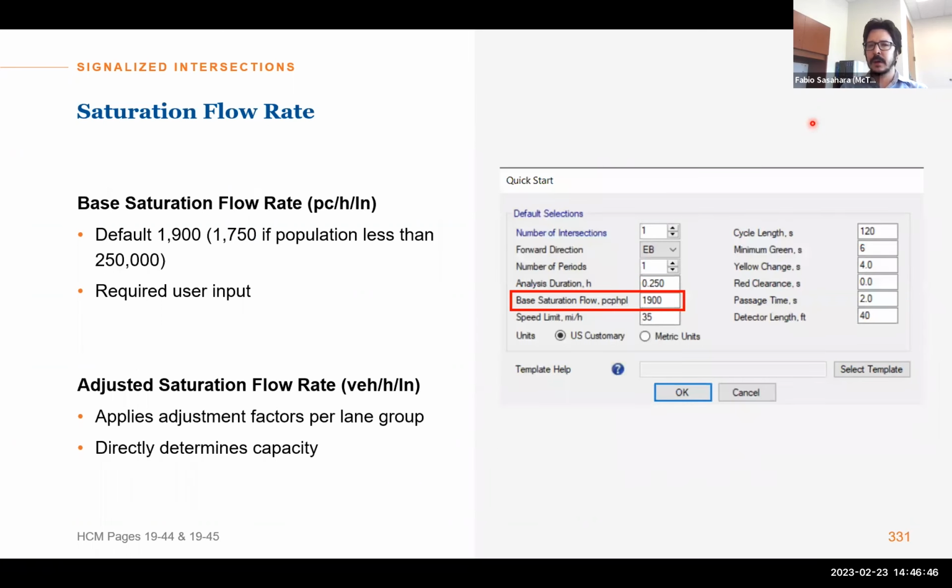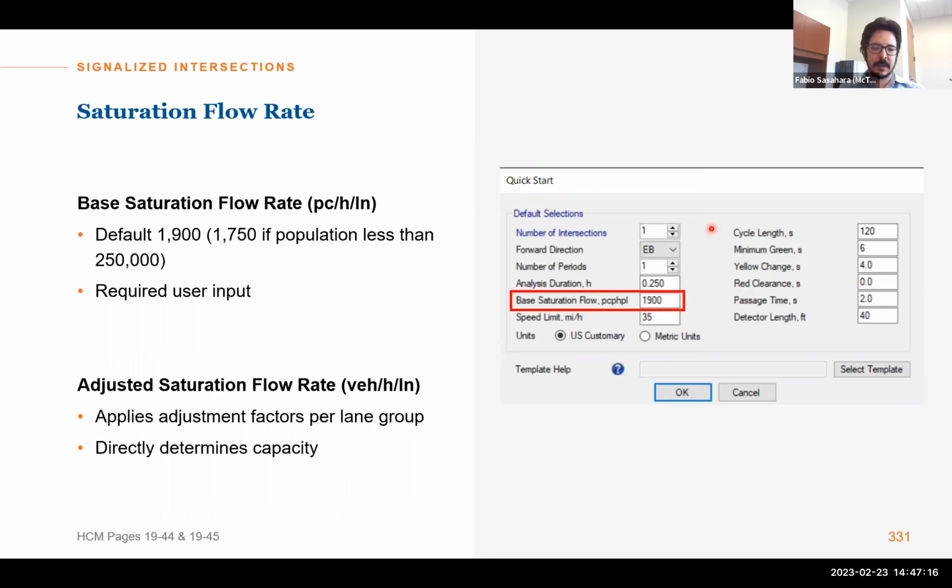So how do we determine saturation flow rate in our HCM analysis? First of all, we need to start with a base saturation flow rate, or that's a starting value under ideal conditions. If we start a new intersection, the first input will be the base saturation flow rate that we can enter here. Most people use the recommended default value of 1900 passenger cars per hour per lane.